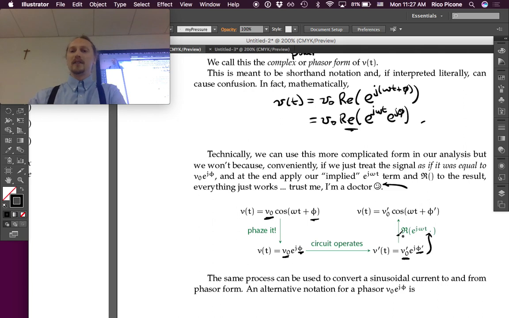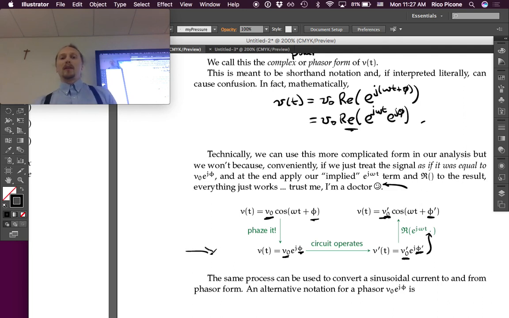Essentially, all you have to do is stick the v naught prime up here as your amplitude of your cosine, and then take your phi prime and stick it up here. And so all that changed in all this is that the v naught turned into v naught prime and the phi turned into phi prime.